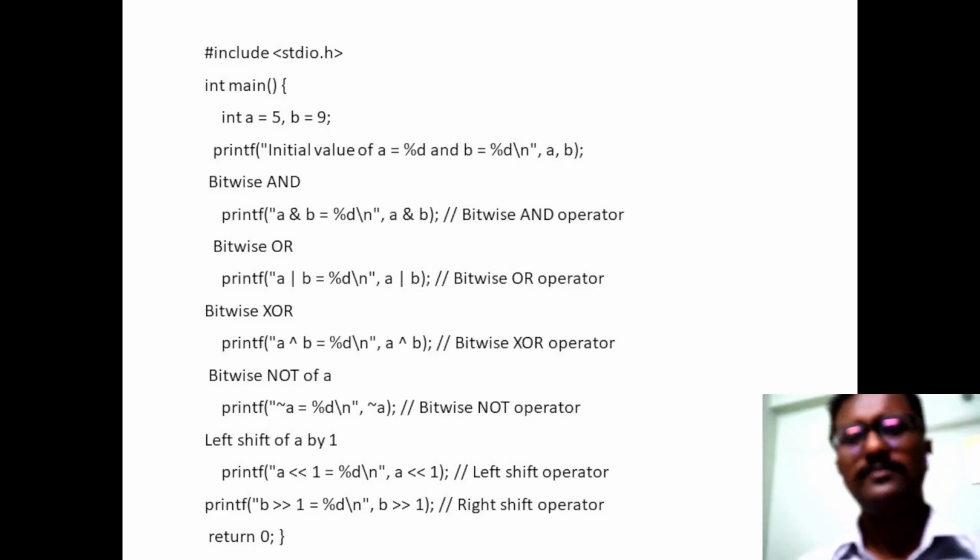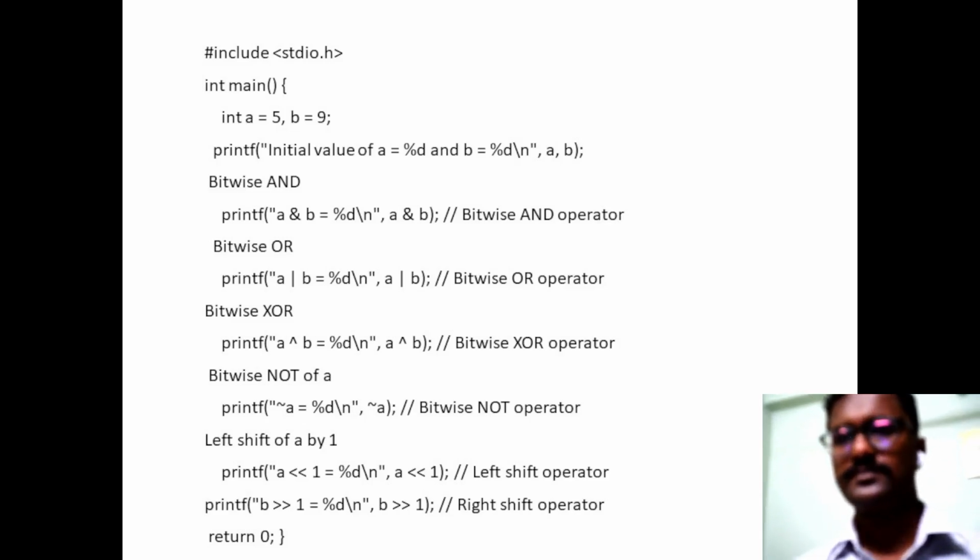First two lines you know. I am going to go to the main function. Also you know the variable declaration and initialization: int a equal to 5 and b equal to 9.